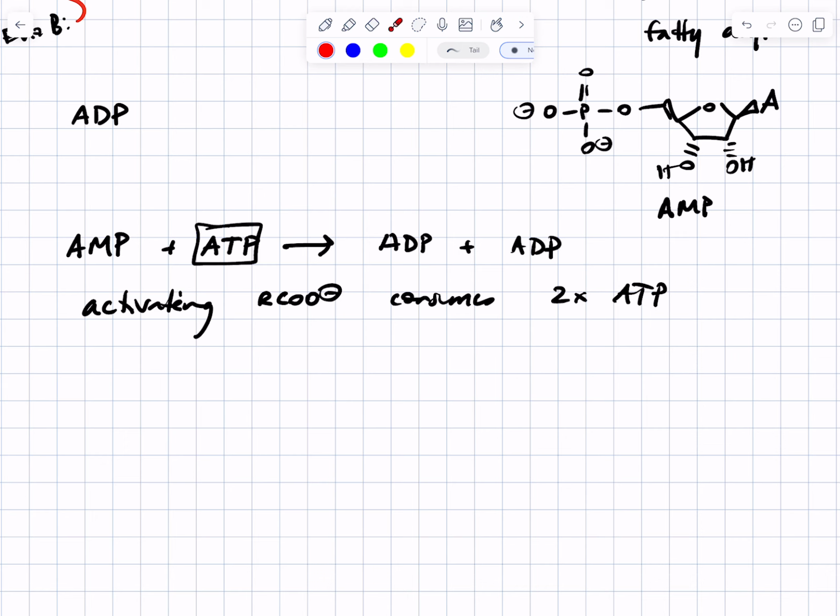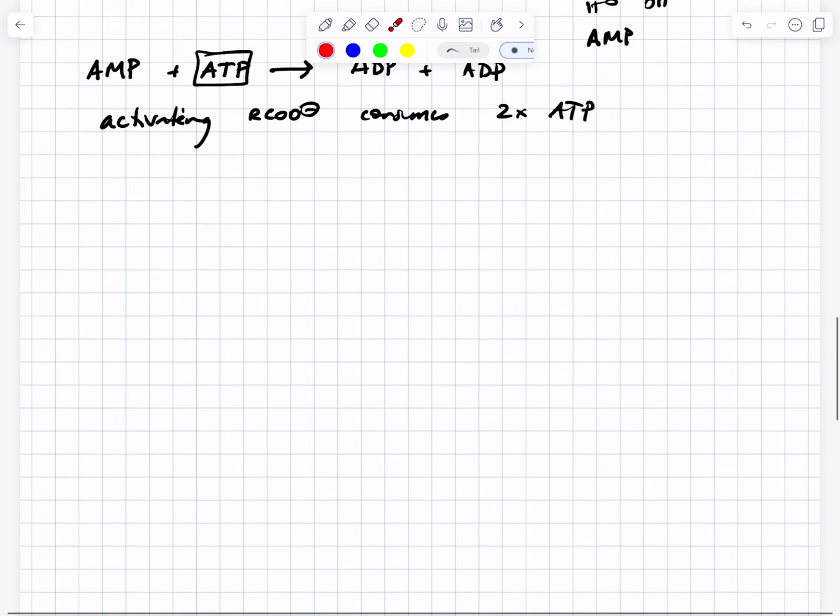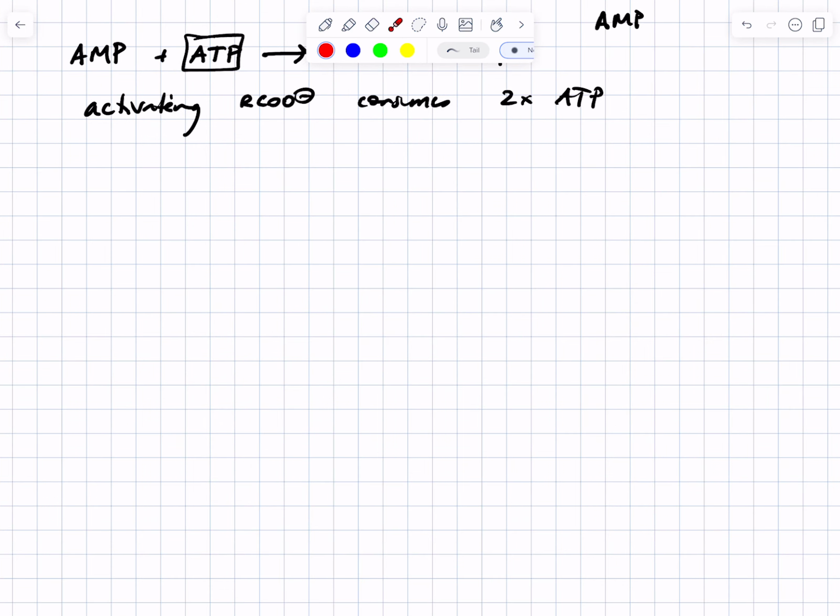All right, so now we're ready for beta oxidation. Beta oxidation is the process of clipping off two carbon units from the fatty acid and converting them to acetyl-CoA. It's an iterative process.